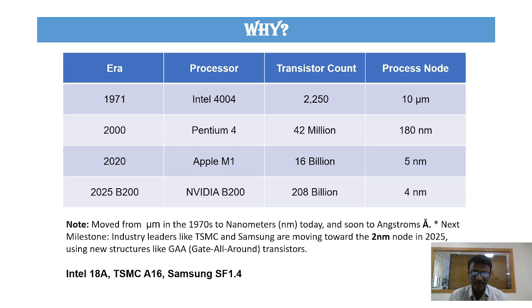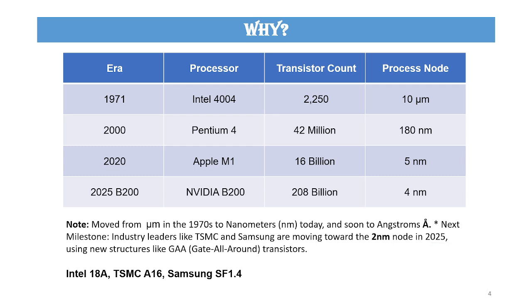In 2000, the Pentium 4 processor has 42 million transistors, using 180 nanometer technology. In 2020, Apple introduced 16 billion transistors on 5 nanometer technology. And NVIDIA used 208 billion transistors for 4 nanometer technology.